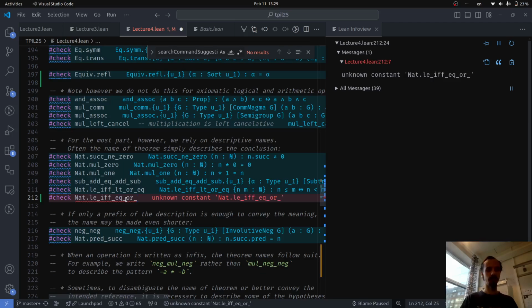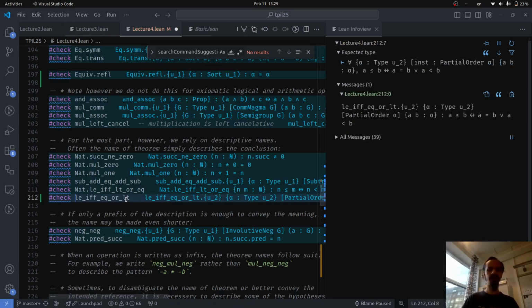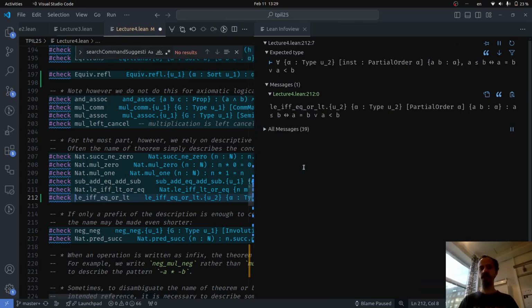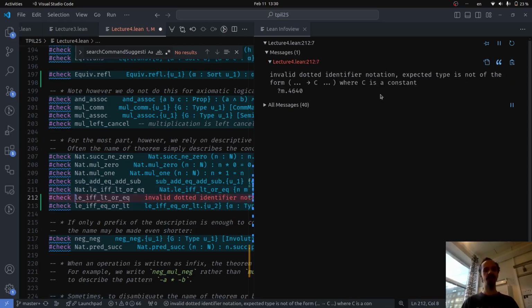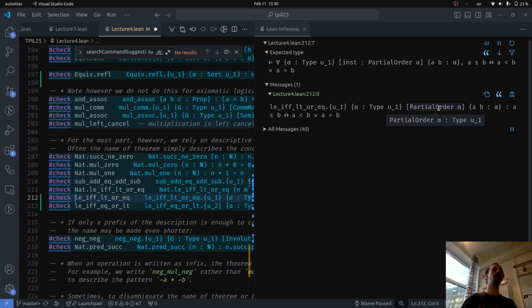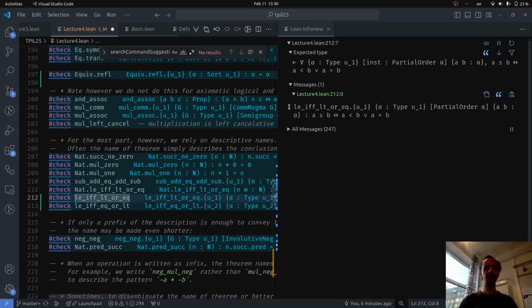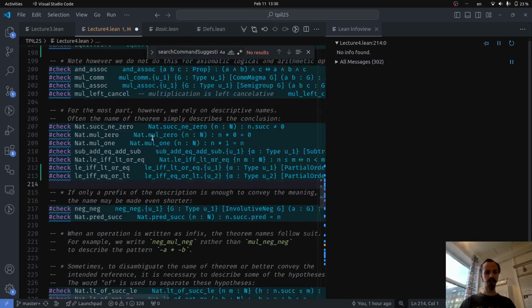Oh yeah, probably does exist, but not in Nat, yeah. So here we have, the one that's in the Nat namespace is about Nats. There's actually one in the global namespace which is about any partial order, and there's one with the opposite order around. So the naming here helps you distinguish which one is which.